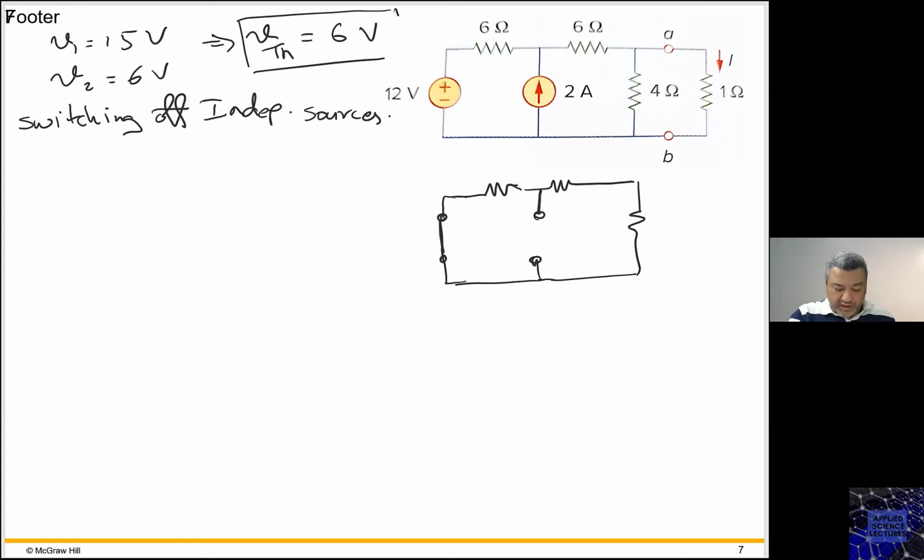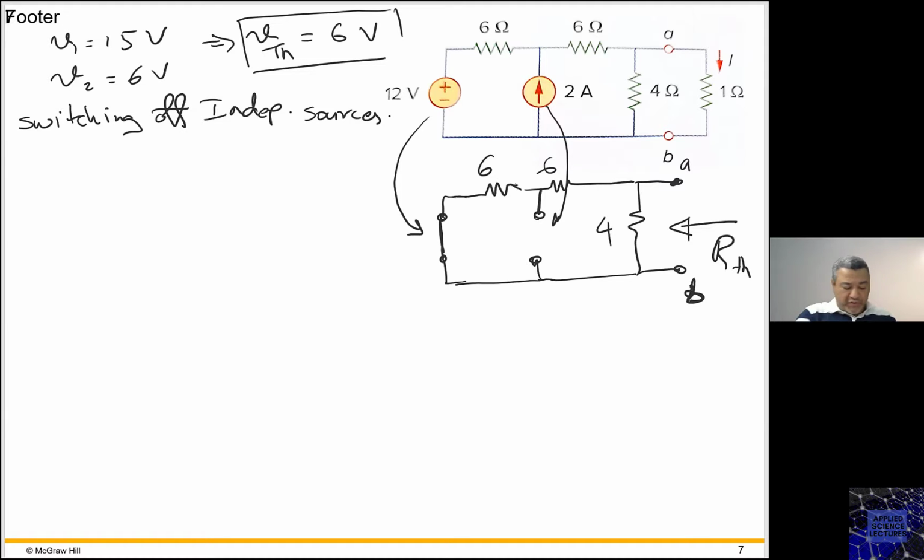So this is a wire, and this one an open circuit. So I have 6, and I don't forget that I have A and B here. I still have the load disconnected, and I need to look from here, right? This is my R Thevenin looking from here. So I have 4, 6, and 6.